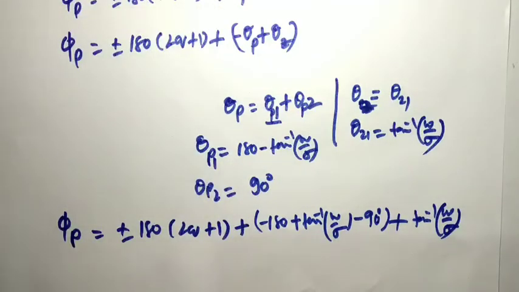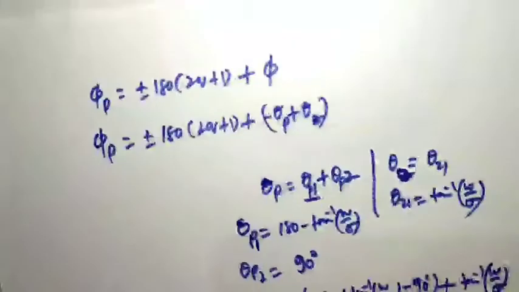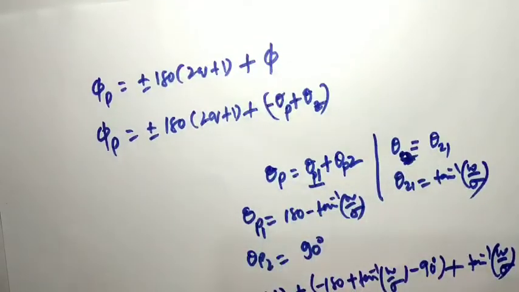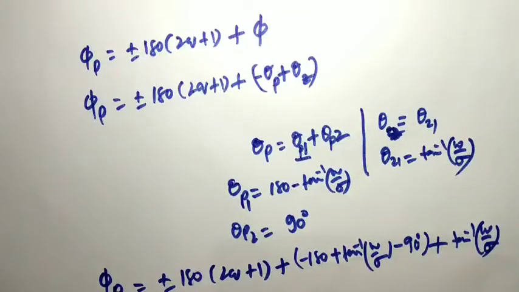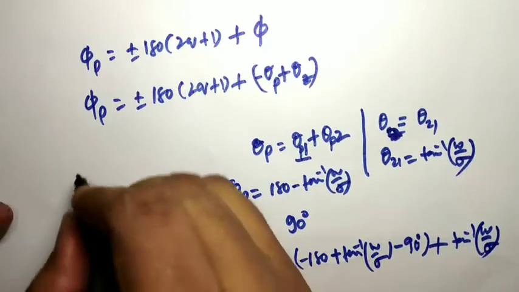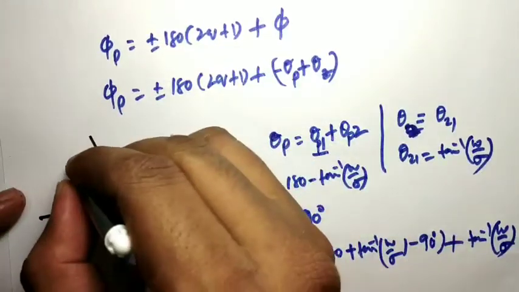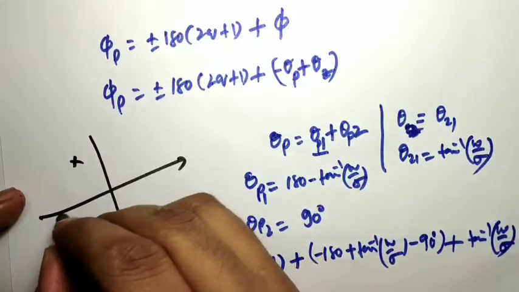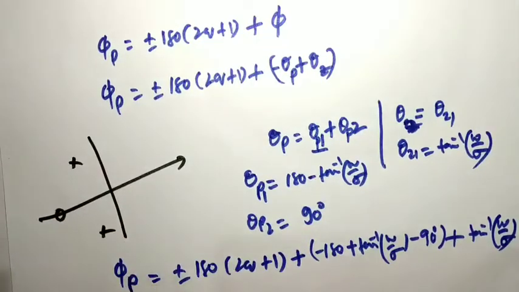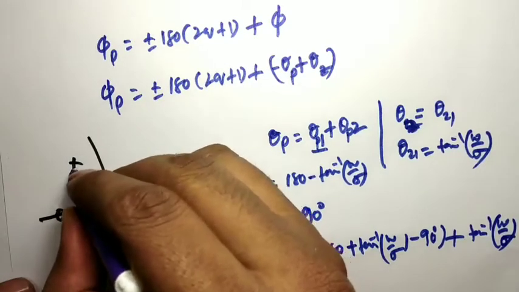So I know from the result, I am drawing here, that here is one pole and here is one pole and here is one zero. So how will this move? It will move at an angle of this.